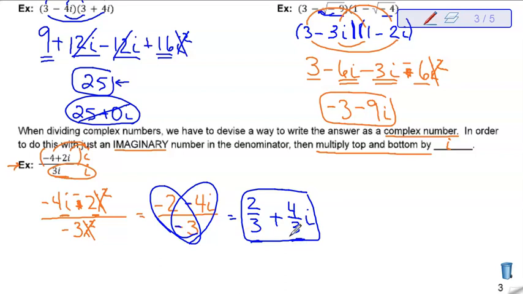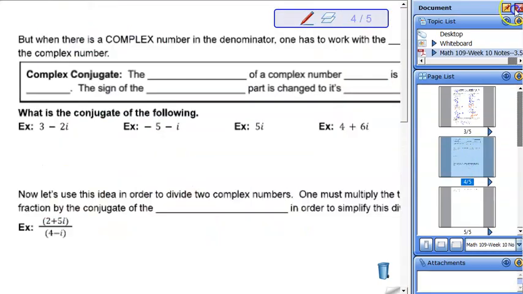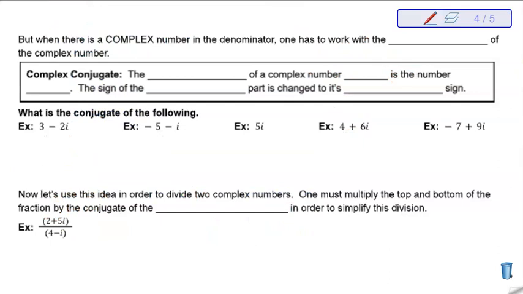Okay? Now, in order to divide two complex numbers, we need an extra piece added in. And that extra piece, when we are dividing by a complex number in the denominator, is the meaning of a conjugate.